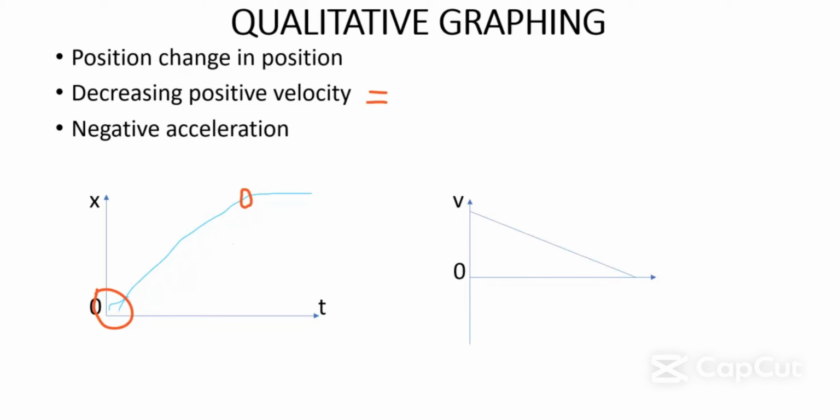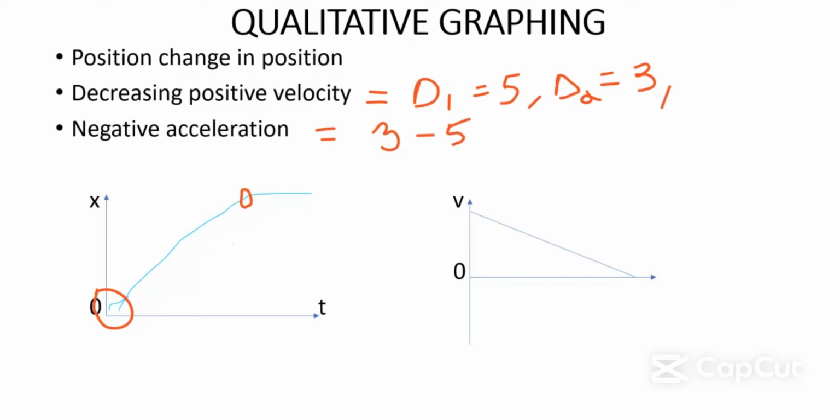Because like what we did before, if the velocity stayed at 5, if d1 was at 5, right, then d2 is now 3. So for us to get this acceleration will be 3 minus 5.